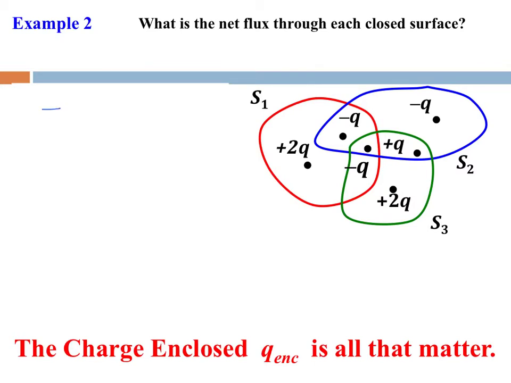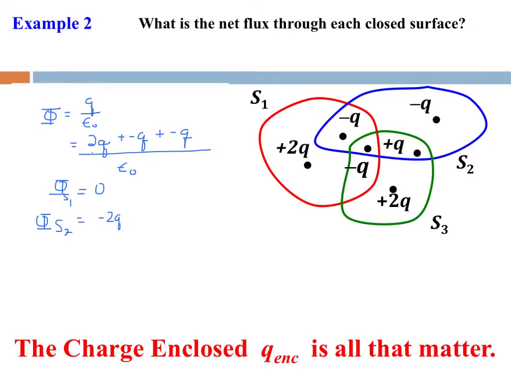Again, the flux is simply the charge enclosed divided by epsilon naught. Now the charge enclosed here, we have 2 positive Q plus a negative charge plus a negative charge. So we have 0 flux through surface 1. For the flux of surface 2, we have 2 negative charges and a positive charge.